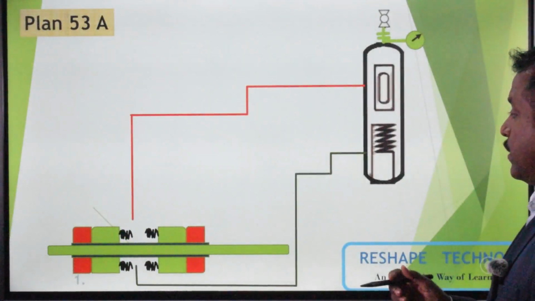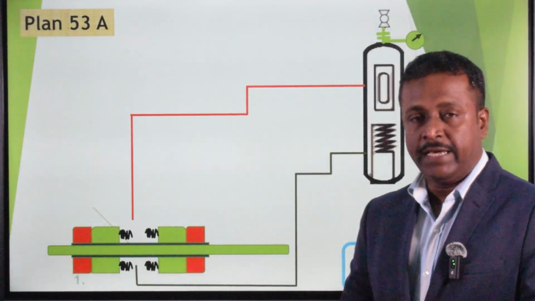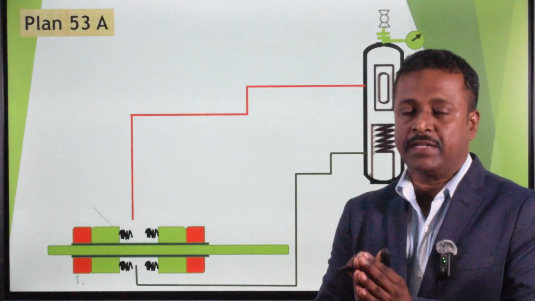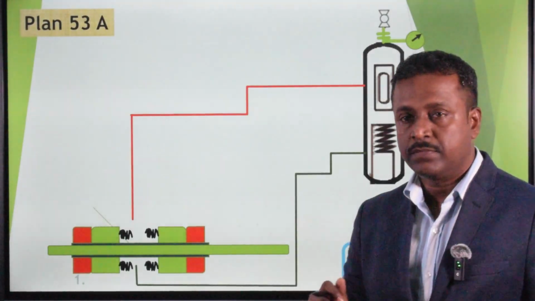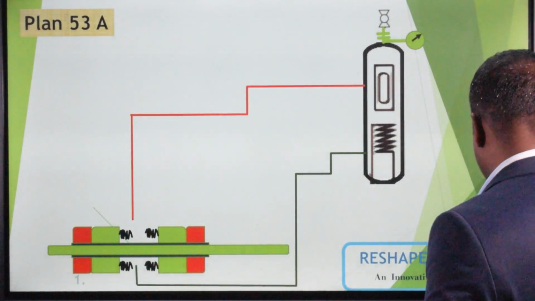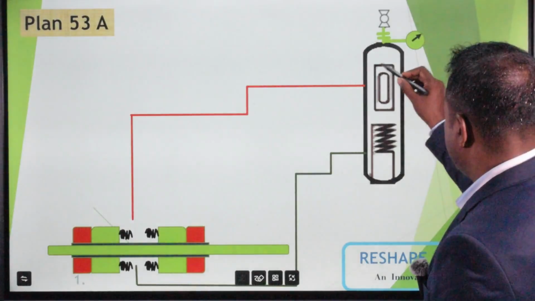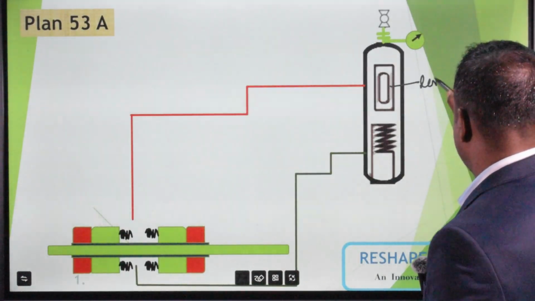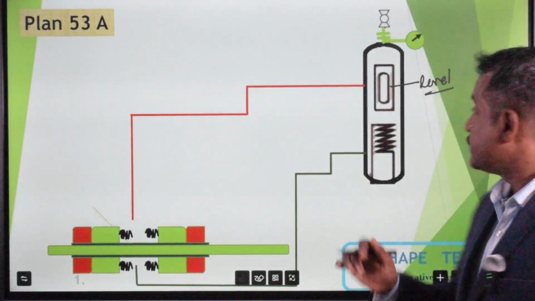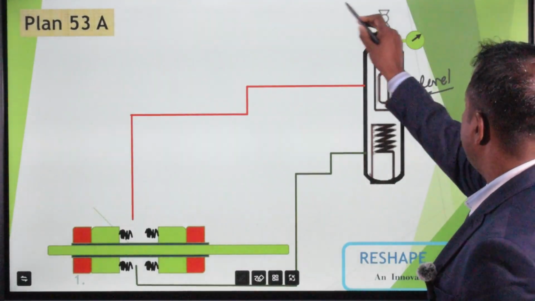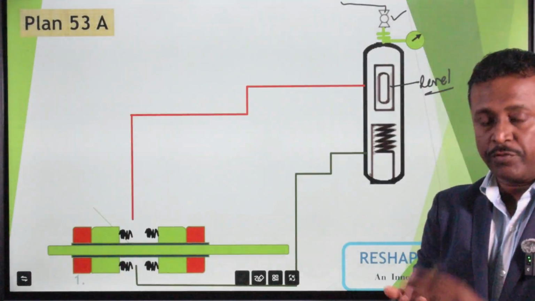Now, what are the main components of 53A? The mechanical seal flushing plan 53A is nothing but a mechanical seal flushing plan 52 with a pressurization system. In 53A, the main component we find is a level gauge to monitor the seal flushing pot level. There will be a pressurization line, there is a valve, and underneath the valve there is an orifice.